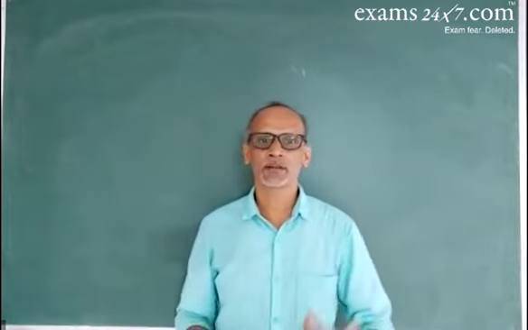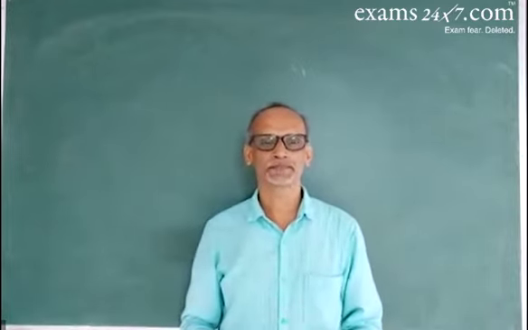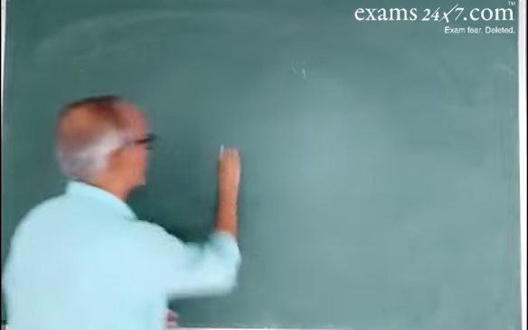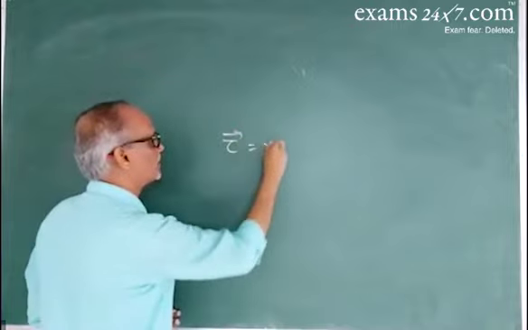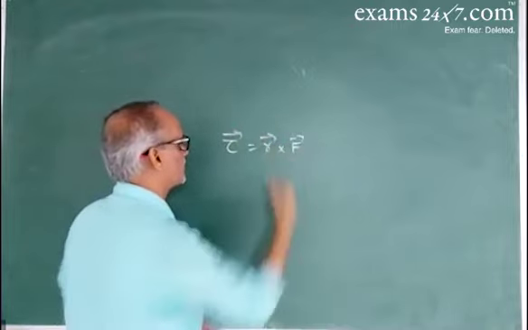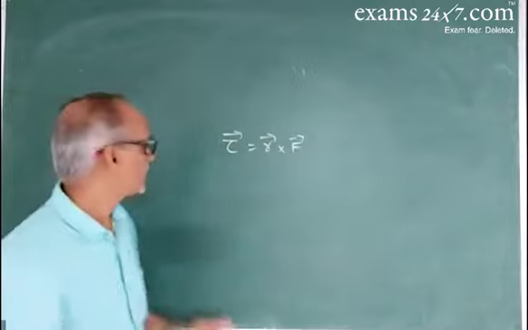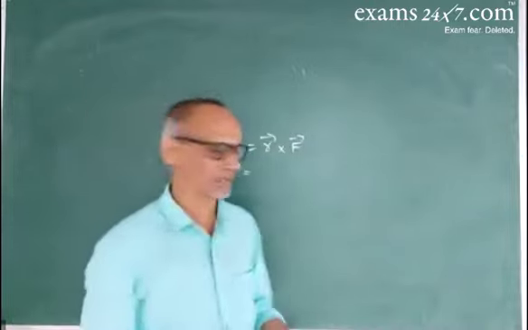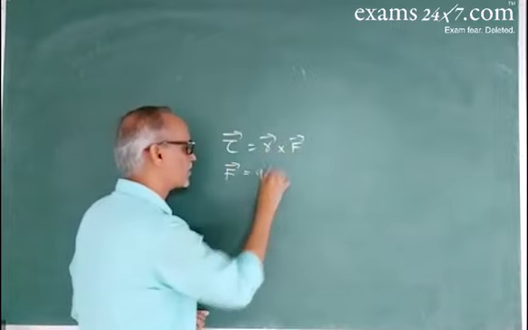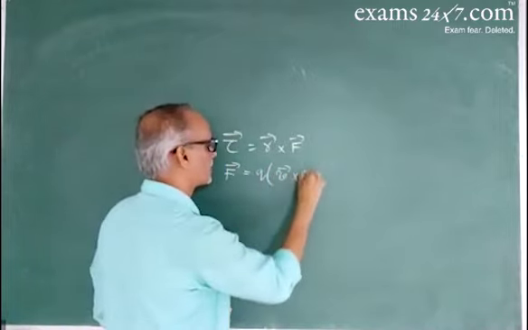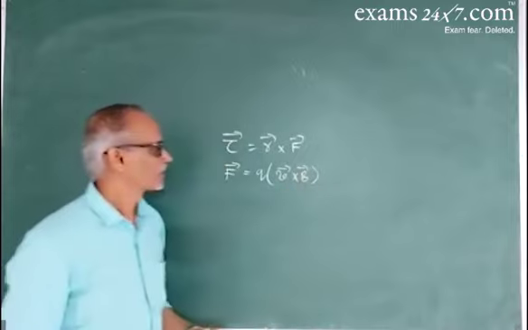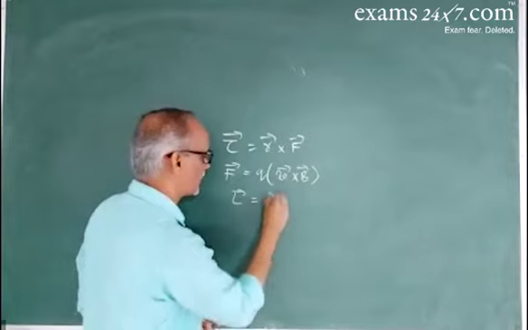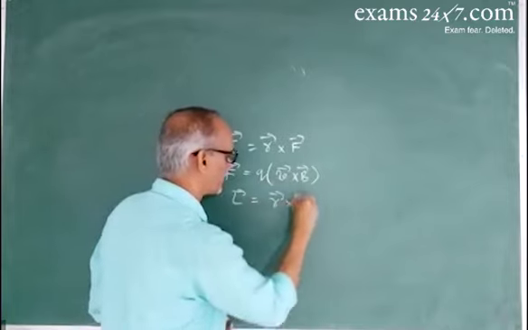Similarly, we can make use of the cross product in concepts like torque, which is equal to the cross product of the position vector and the force. We can even use this in the case of the force acting on a moving charge, which is F equal to q into v cross B, or the angular momentum L, which is equal to r cross p vector.